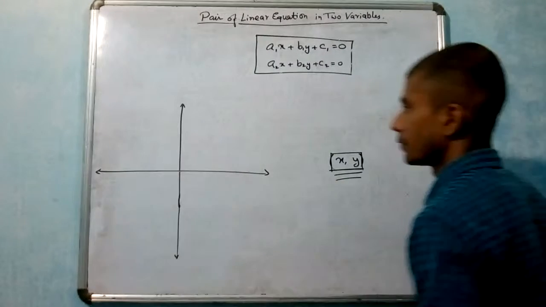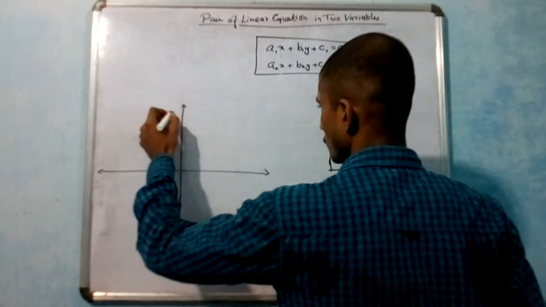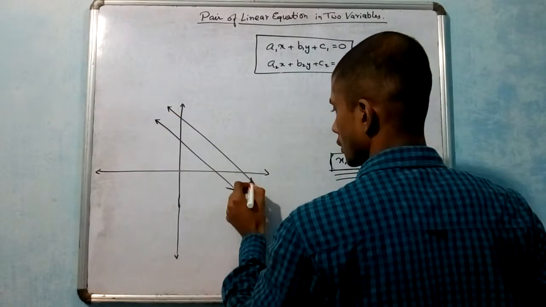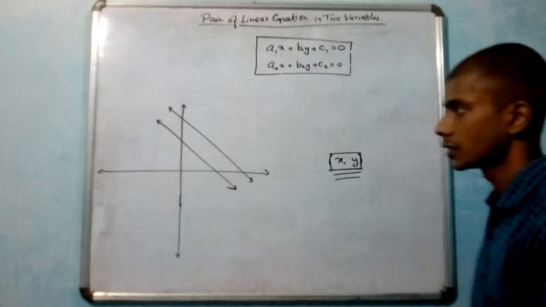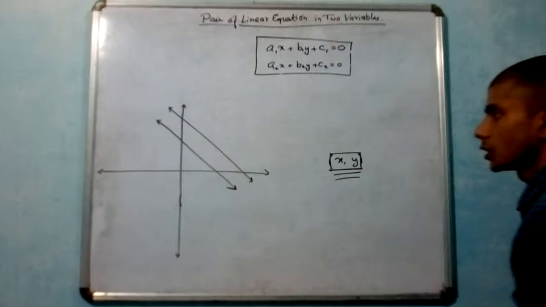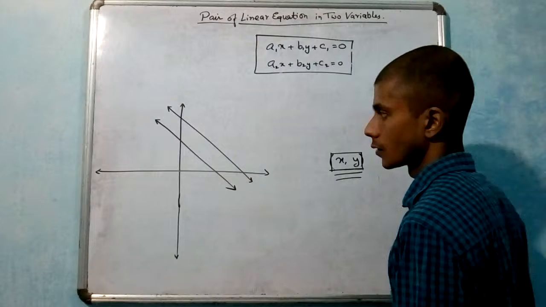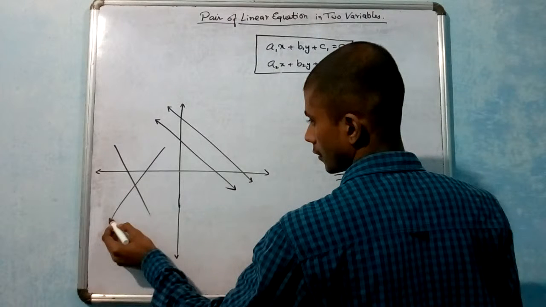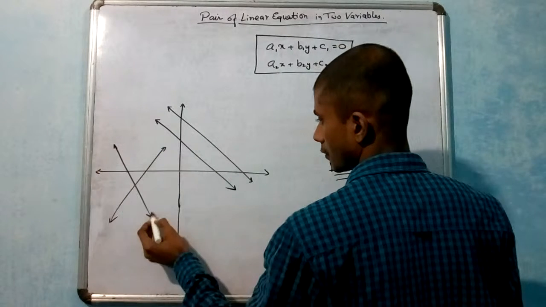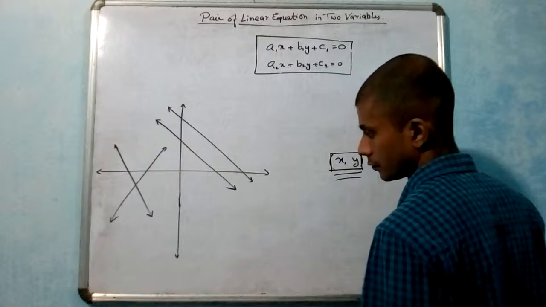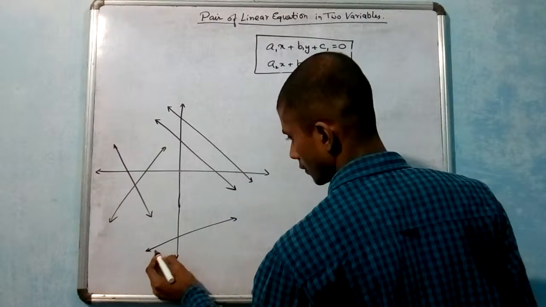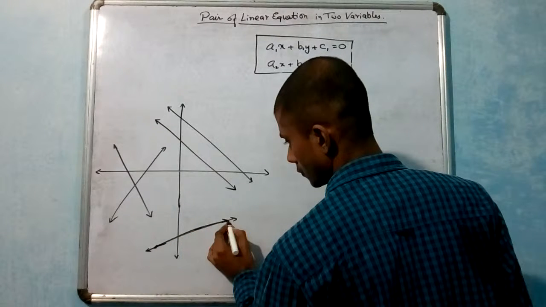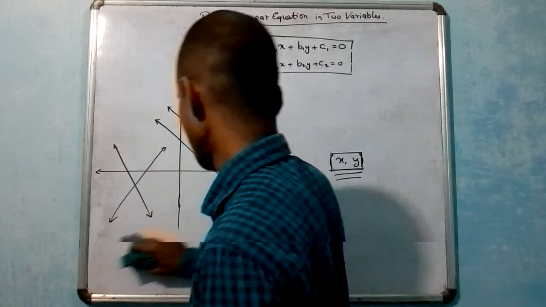So either we can have the two equations, the two equations mean the two straight lines. So either we can have like this, or we can have like this, or we can have this, this is a straight line.